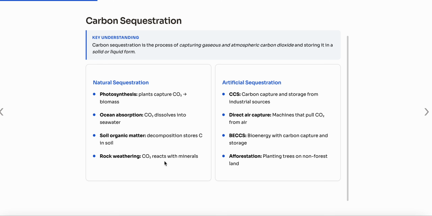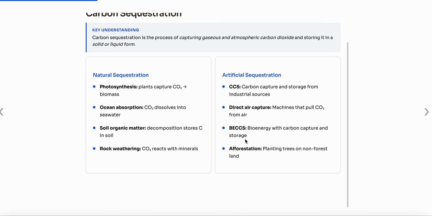Artificial sequestration means the technologies which people are using to decrease the carbon dioxide level in the atmosphere. One of the techniques is this carbon capture and storage technique, which is useful for capturing the atmospheric carbon dioxide. There is another, direct air capture technology, which is a kind of machine which pulls the carbon dioxide from air.